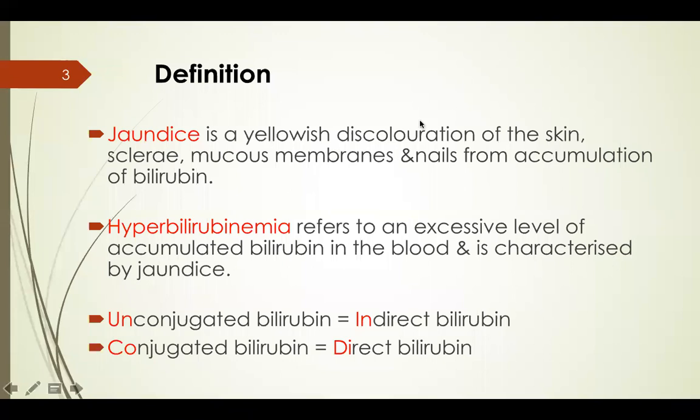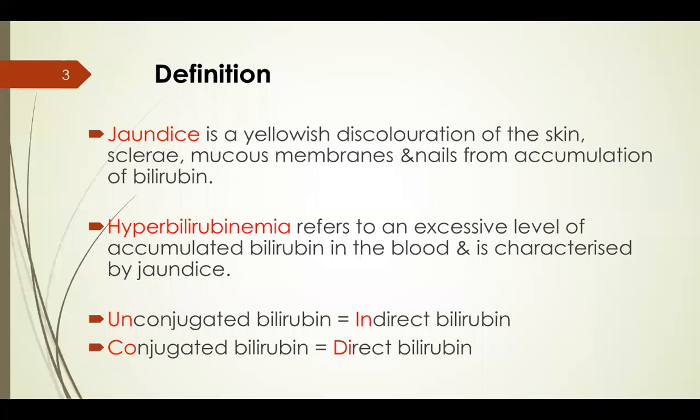Okay, so what is jaundice? Jaundice is actually yellowish discoloration of the skin, sclera, and mucous membrane, which is due to accumulation of bilirubin. When we're talking about jaundice, it's all about hyperbilirubinemia. Hyperbilirubinemia means an increment of bilirubin in the blood.